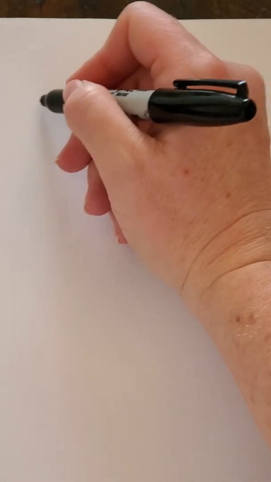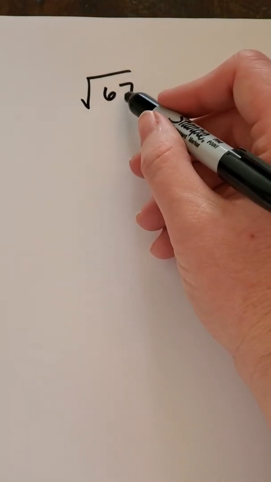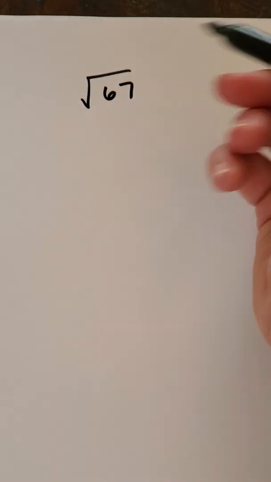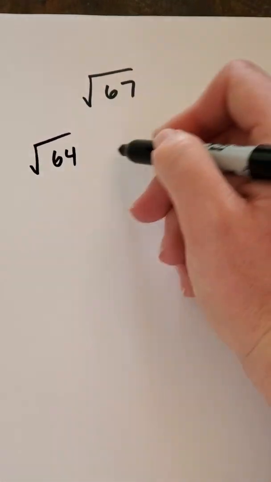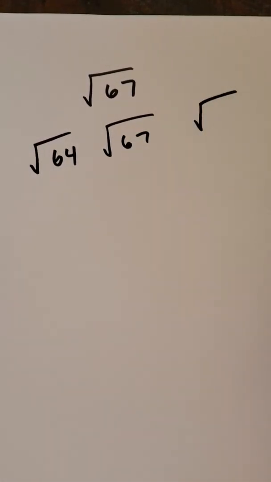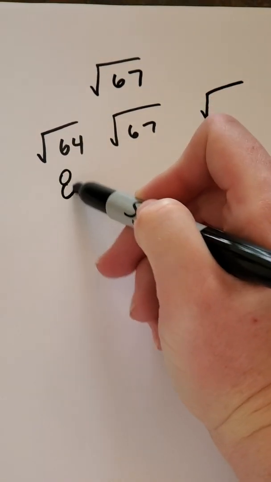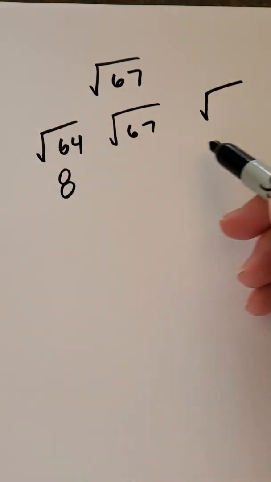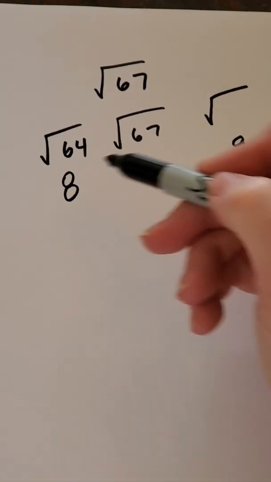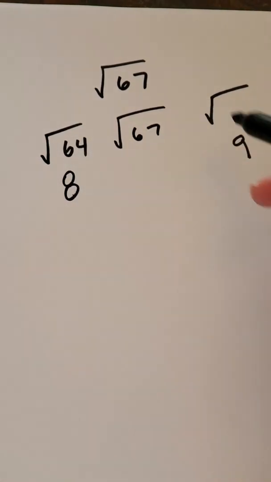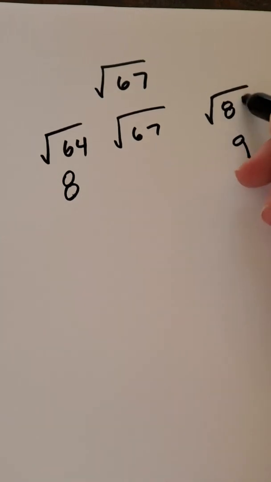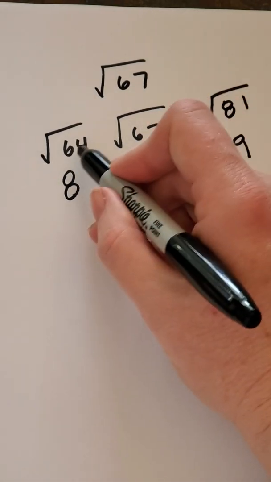Okay, let's do another one. The square root of 67. Well, I already know this is really close to the square root of 64, and 64 works. So I know 64 will be on that side. The square root of 64 is an 8. Now just count up. 8 times 8 is 64. 9 times 9 is 81. So this number falls in between those.